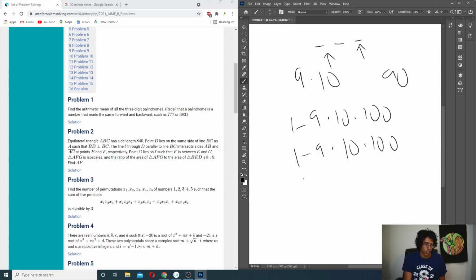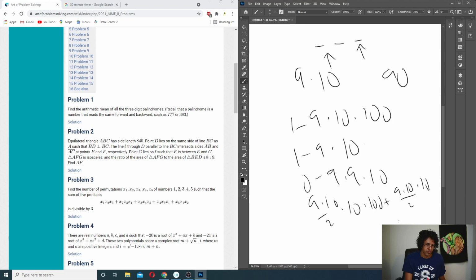So you get 0 through 9 times 9 times 10, and not times 100 here because that's the ones digit. So this is going to be 9 times 10 over 2 times 10 times 100, plus 9 times 10 times 10 over 2, plus 9 times 10 over 2 times 9 times 10, and then the whole thing over 90.